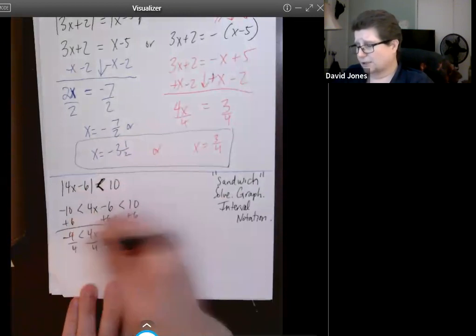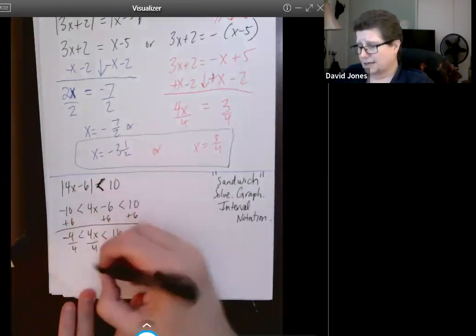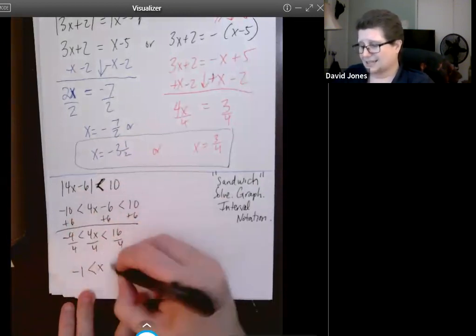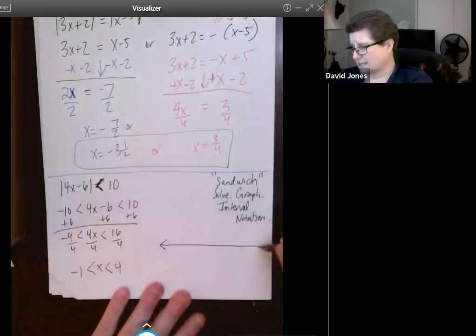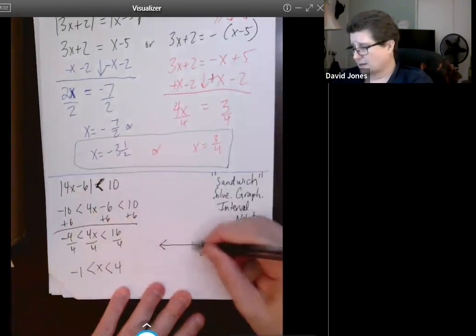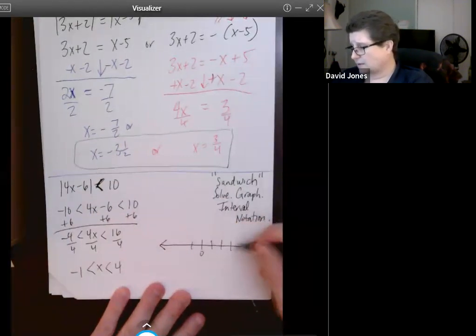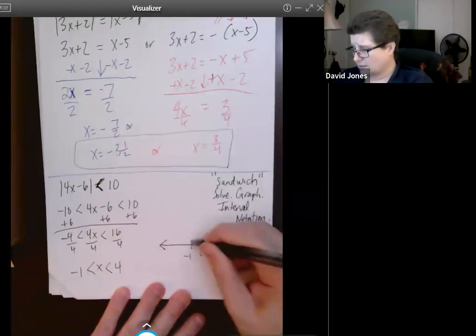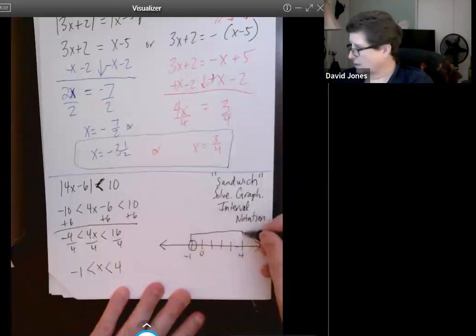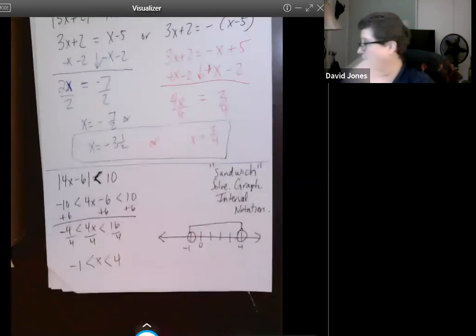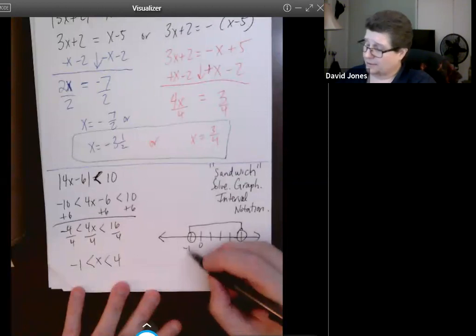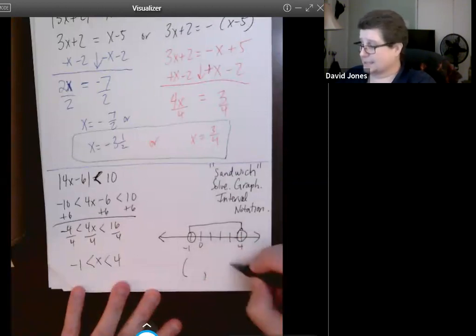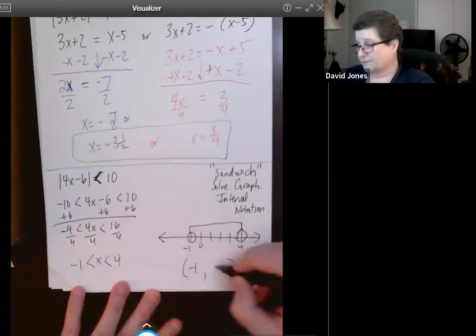Divide by 4. I get negative 1 is less than x is less than 4. Graphing that, it's between, so I've got my things that look like headsets. They're hollow points, so I'm going to use parentheses, and it goes from negative 1 to 4.